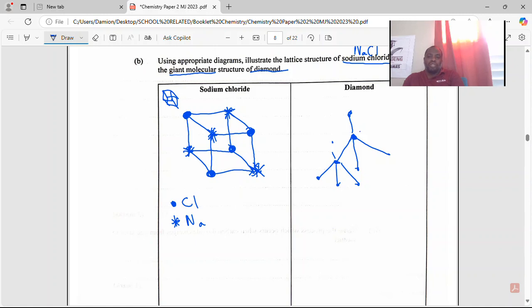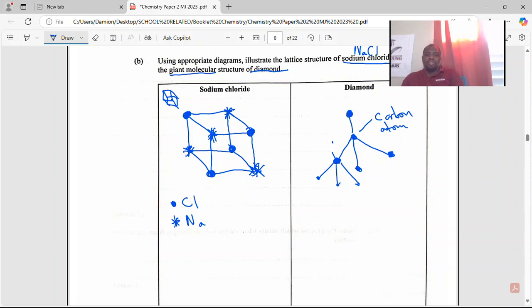So really and truly, what we normally do is to highlight the carbon in question. So each carbon is really bonded to 4 other carbons.